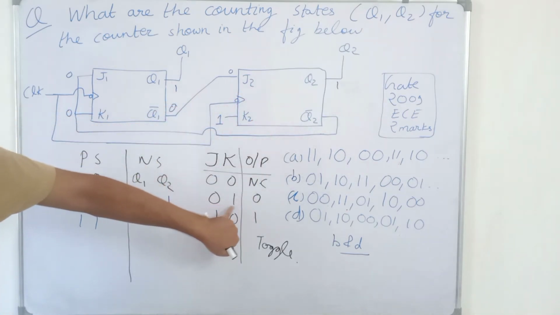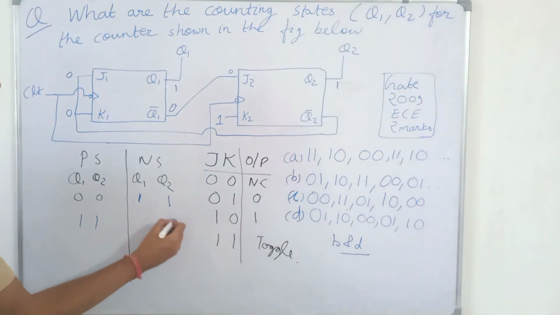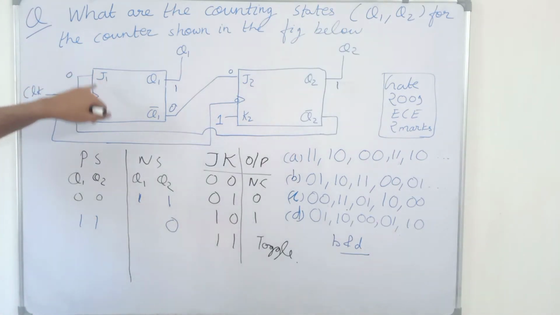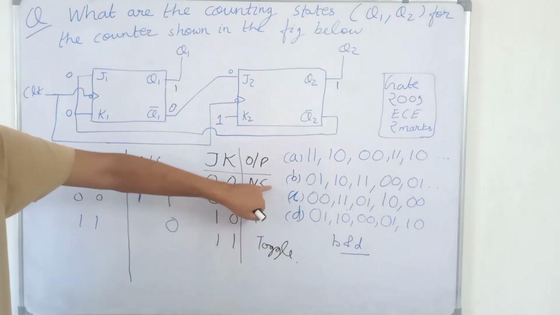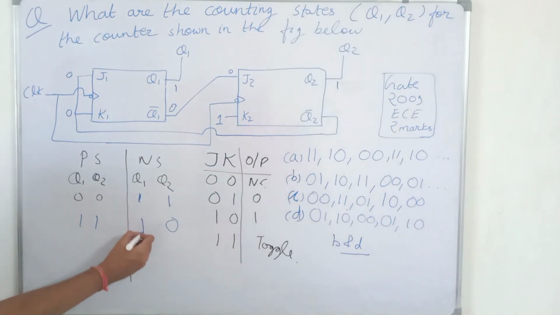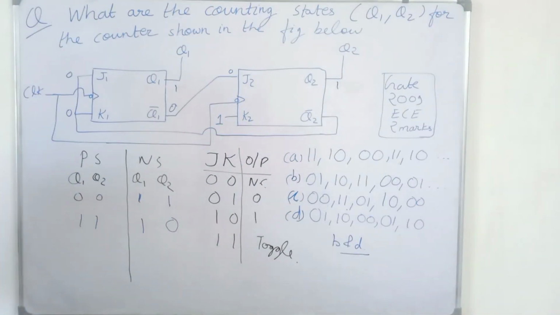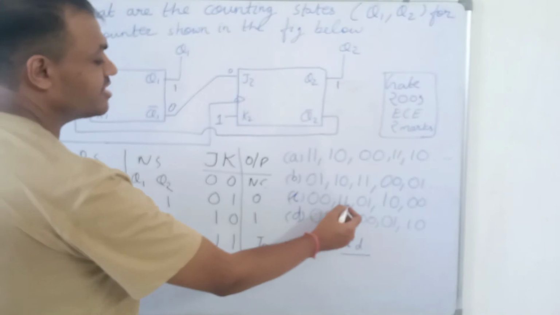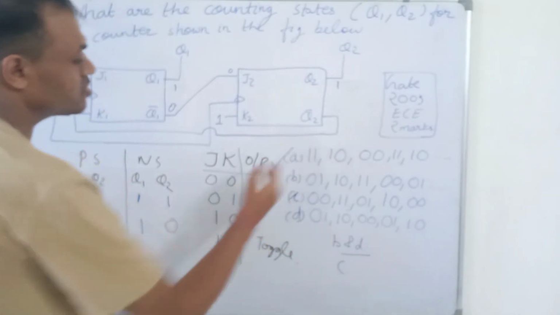When J2 is 0, K2 is 1, then output will be 0, so Q2 will be 0. And J1 and K1 are both 0. When both J1 and K1 are 0, then output is no change. So Q1 was 1, so Q1 will remain as 1. So after 1 1 the next state will be 1 0. But in option C after 1 1 the next state is 0 1, so option C is also not correct. So the correct option is option A.